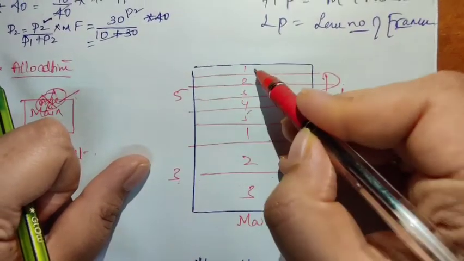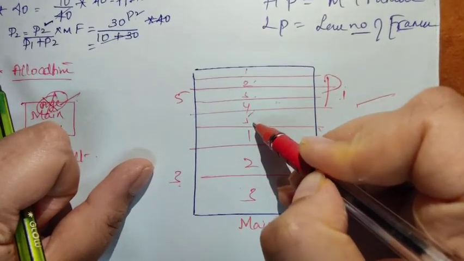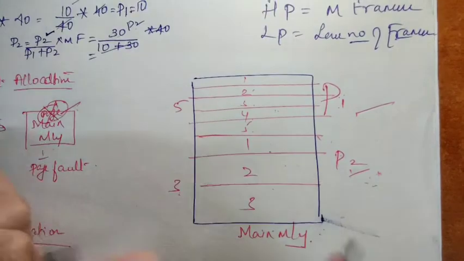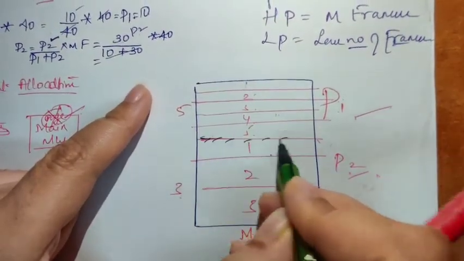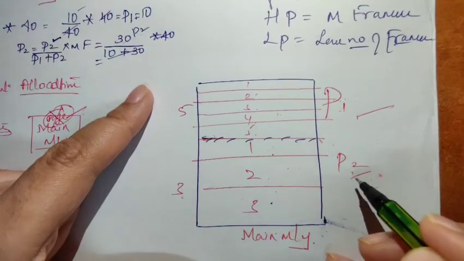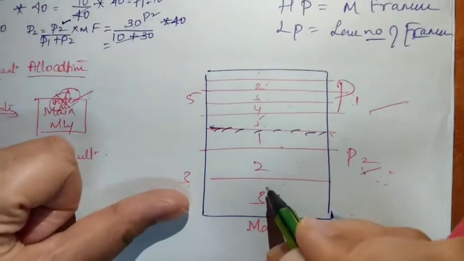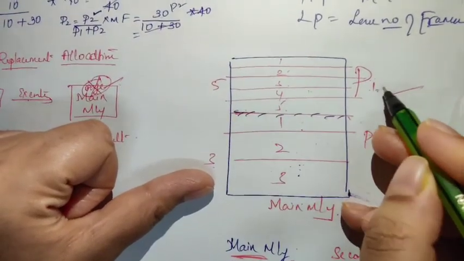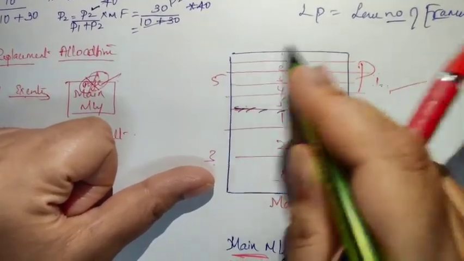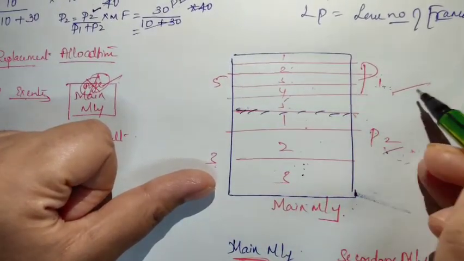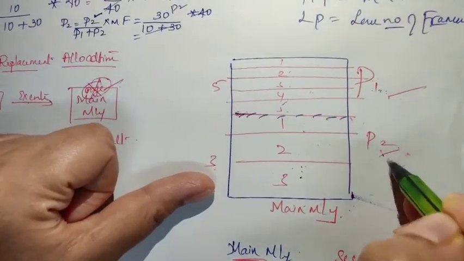You can consider 1, 2, 3, 4, 5, total 5 frames for the process P1, and this is the division. And 3 frames are allocated for the process P2. So by using this global replacement allocation, it allows the process to select a frame from the list of all the frames, even though the frame is allocated to some other process.